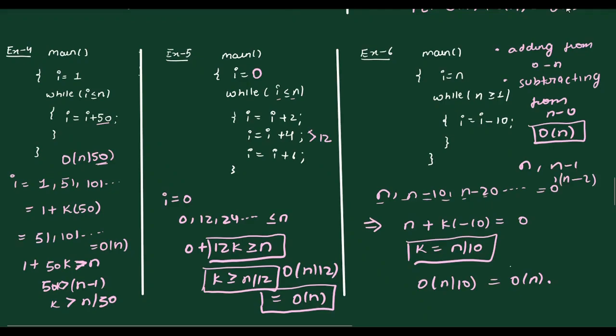That is, you don't need to be very exact while calculating these things. You can be a bit less careful. Like for example, if your loop is running from 1 to n, or from 0 to n, you don't need to be very specific that this will run n plus 1 times, this will run n times, because ultimately n plus 1 and n won't change the time complexity of your algorithm. So keep these things in mind. This will help you solve problems faster.